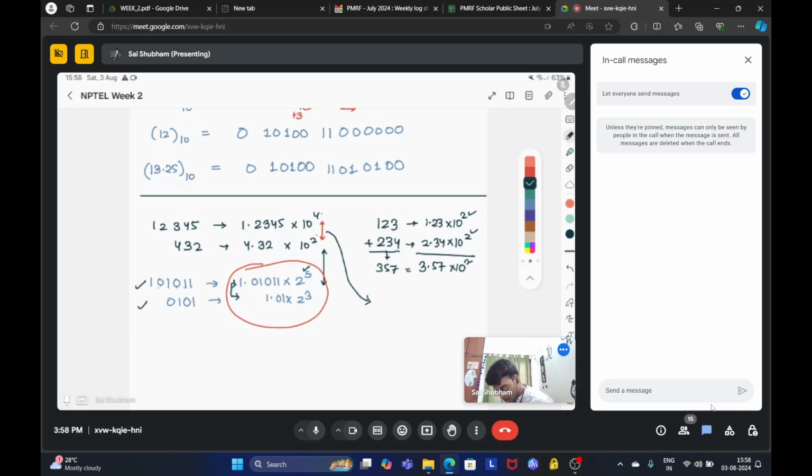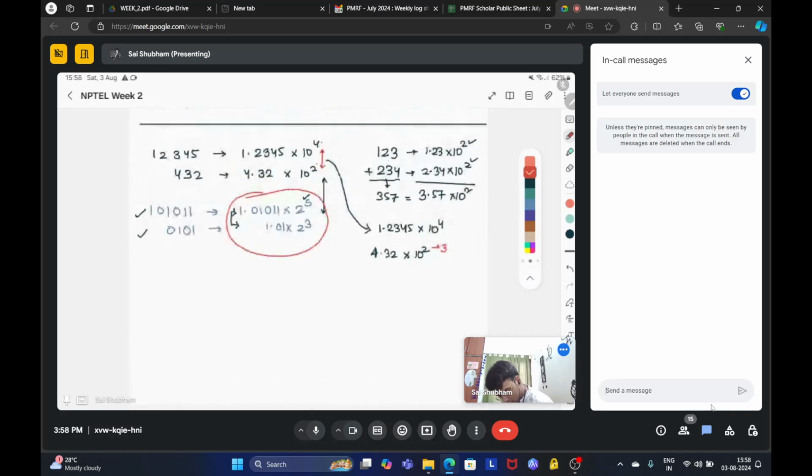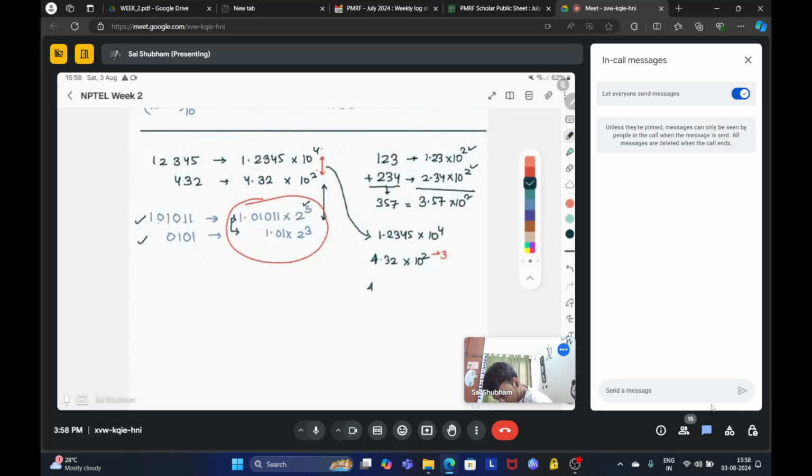So in order to make them of the same exponent size, we can perform shift operation. Suppose 4.32 into 10 square. If I want to increase this exponent from 2 to 3, what I can do is multiply the number by 10 and divide the number by 10, which is 4.32 by 10 into 10 power 3.